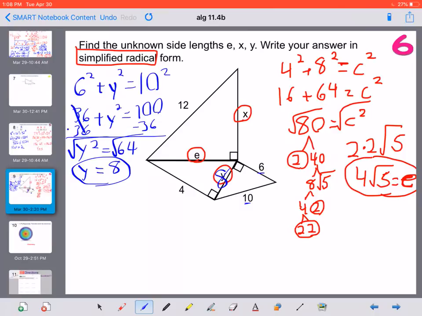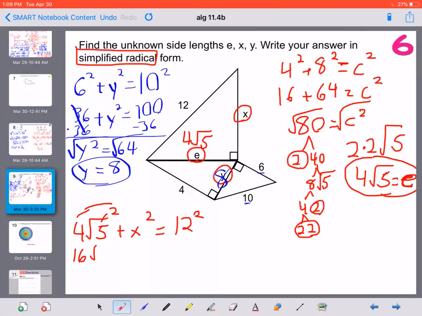Last thing then, I need to find what x is. So I'm using 4 times the square root of 5. So 4 times the square root of 5 squared plus x squared equals 12 squared. 4 times the square root of 5 squared, I'm going to have to distribute that 2 to all of it. So 4 squared is going to be 16 times the square root of 25 plus x squared equals 144.